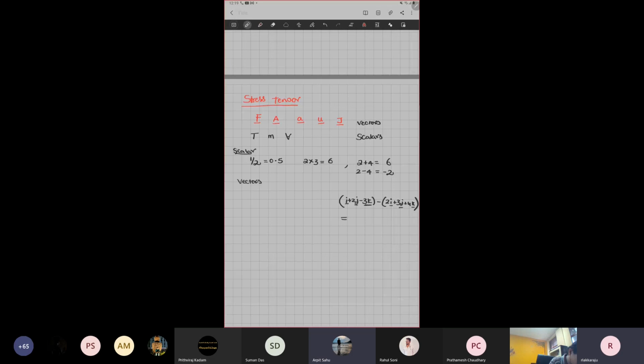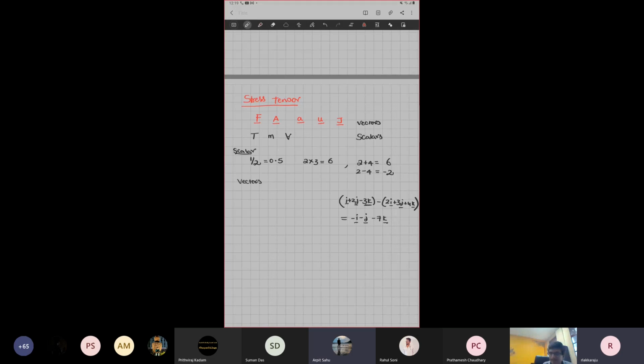What is the value? Minus i minus j minus 7k. Very well defined in terms of subtraction. Addition also you can do, right? If you do addition, you will again get something like an i, j, k kind of combination. Is that fine?